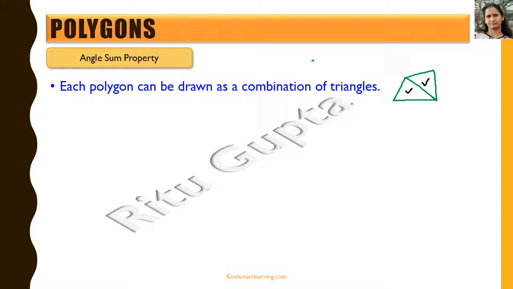If we draw a five-sided figure, this also can be drawn as a combination of three triangles. So any polygon similarly can be drawn as a combination of triangles.